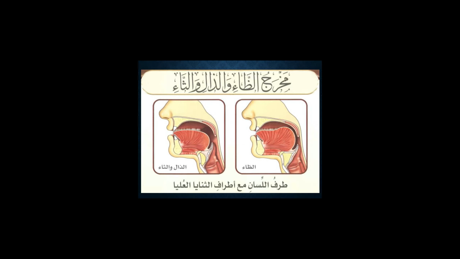Thumma, thumma, sa, samin, saman, sa. So this sa, salasa. The tip of the tongue touching the tip of the incisors. Open your mouth a little bit, touch the tip, sa, sa.